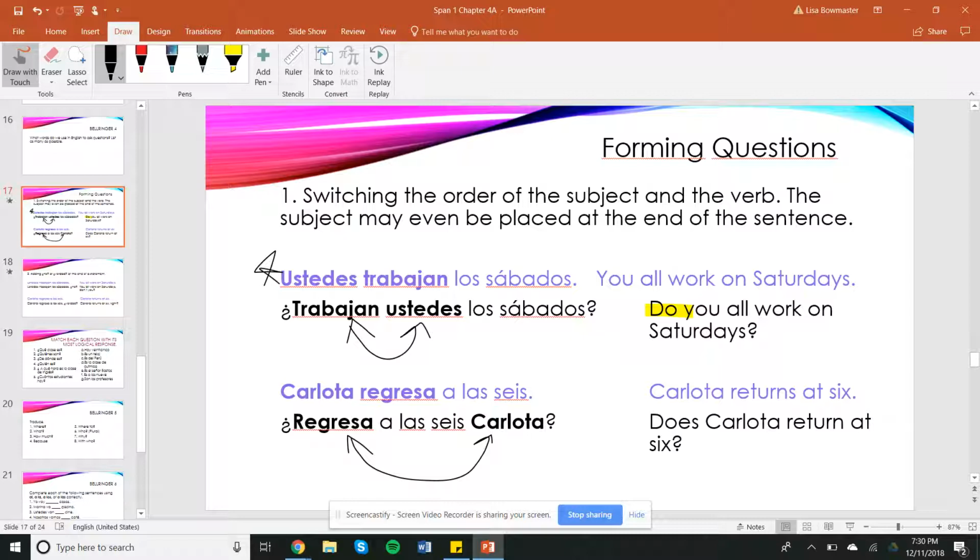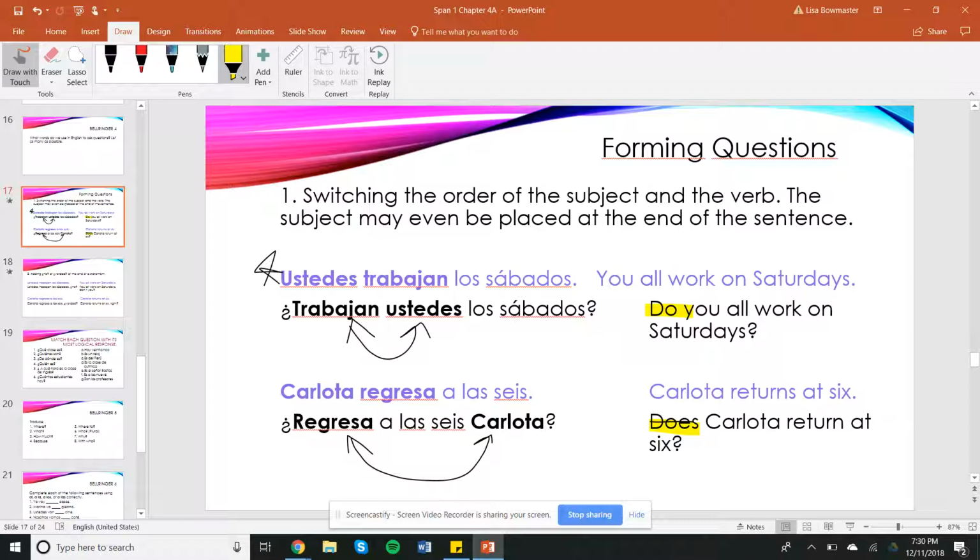So regresa a las 6 Carlota. Does Carlota return at 6? Again, this does right here is implied. I don't need an extra word for that. So the first way to form a question: flip-flop the subject and the verb.